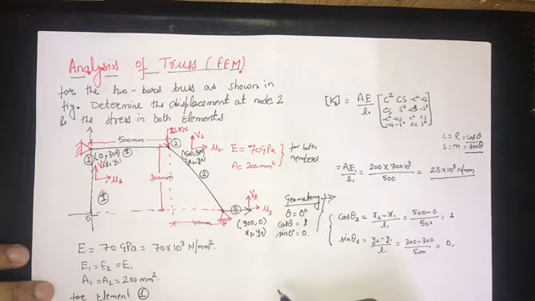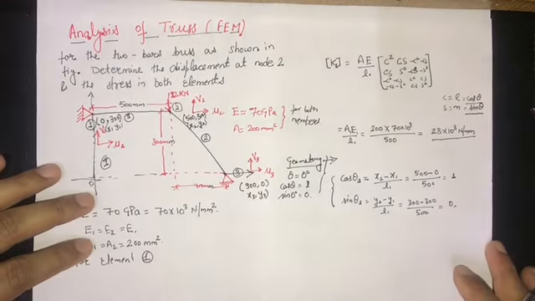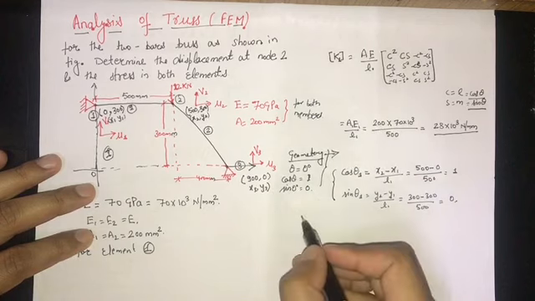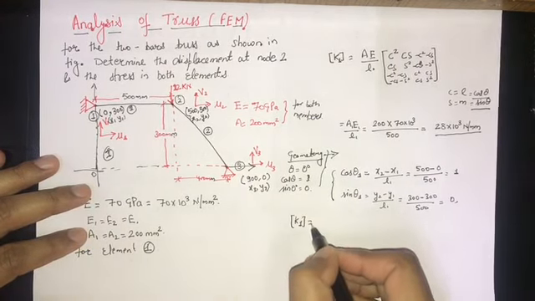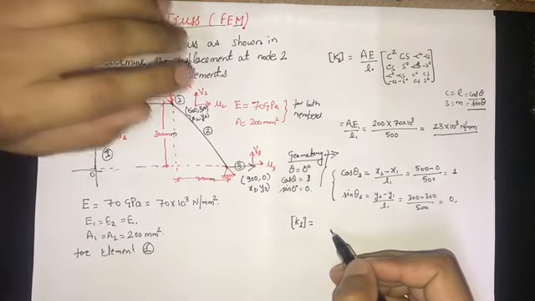After that we will substitute it in K1. K1 is the stiffness matrix for element 1.